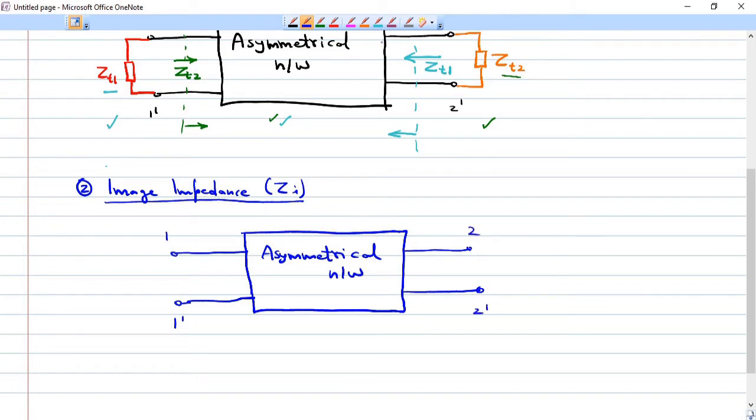Now we are attaching what we call the image impedance. So I am attaching the image impedance Zi2 to the 2,2' terminals. Okay. Similarly, I can attach another image impedance to the input terminals 1,1'. Let it be Zi1.